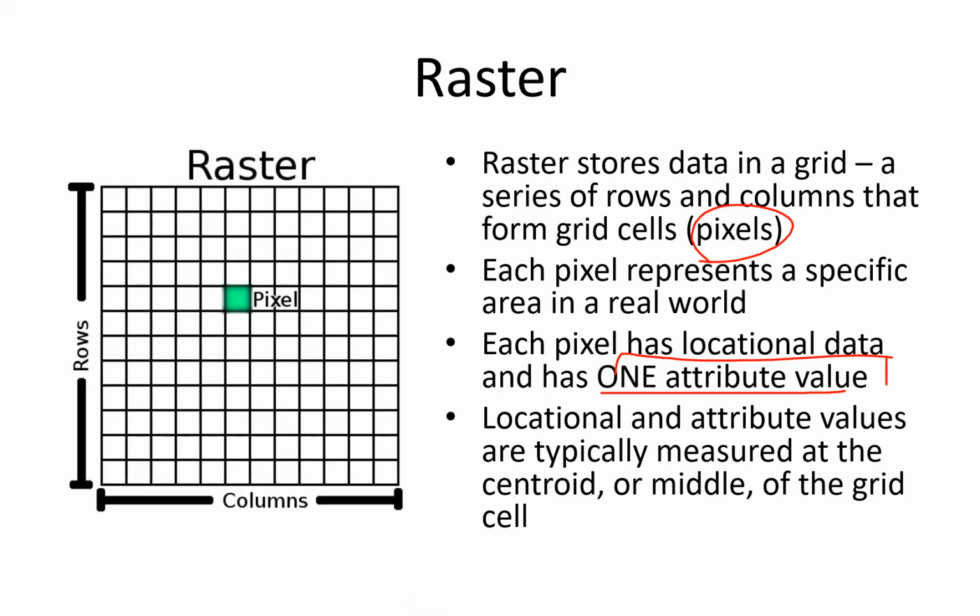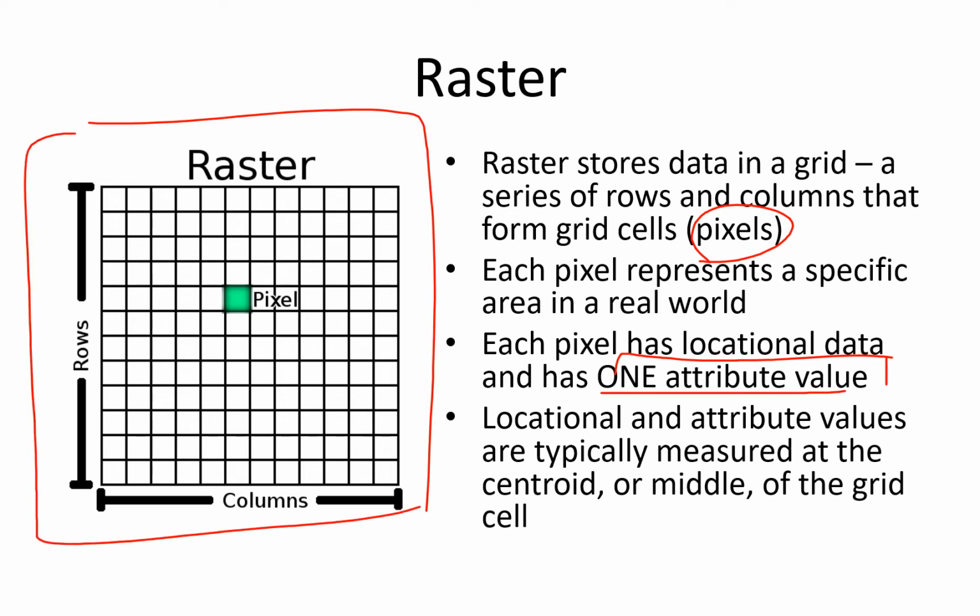So locational and attribute values are typically measured at the centroid, or the middle, of the grid cells. This figure here is a simplified representation of how a raster looks. You have a series of rows like this, but you also have a series of columns like this.